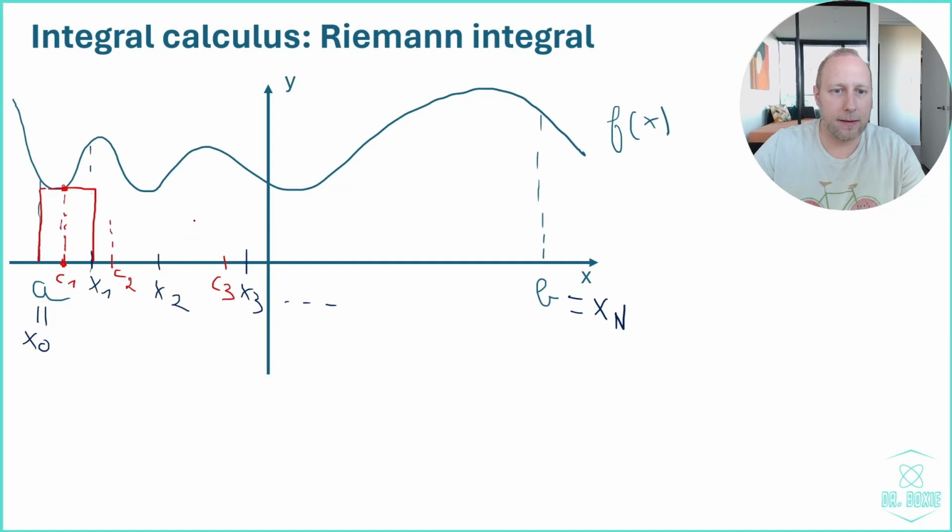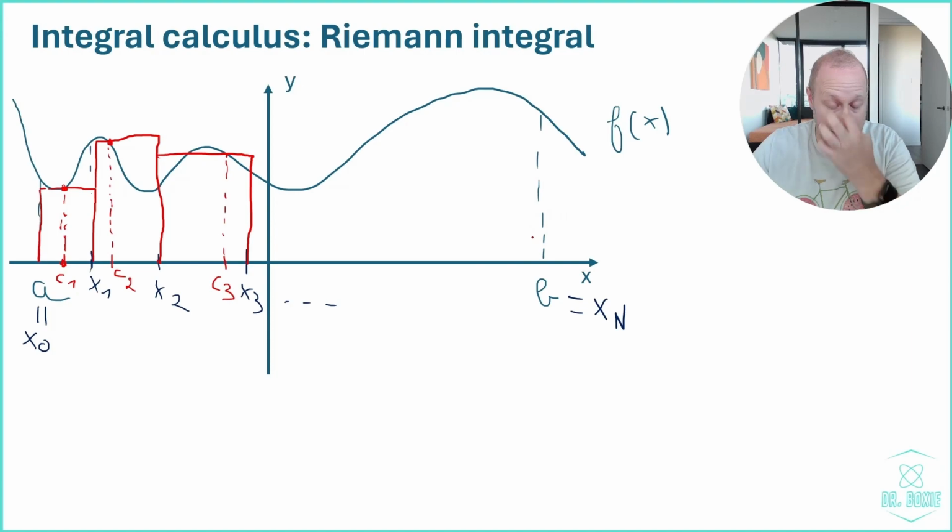For the second interval, this is the value, and so we will look at this rectangle. The top should be horizontal. Then in the third interval, we are looking at this rectangle, etc. And so we have n different rectangles, and we will look at the area of each one of them.